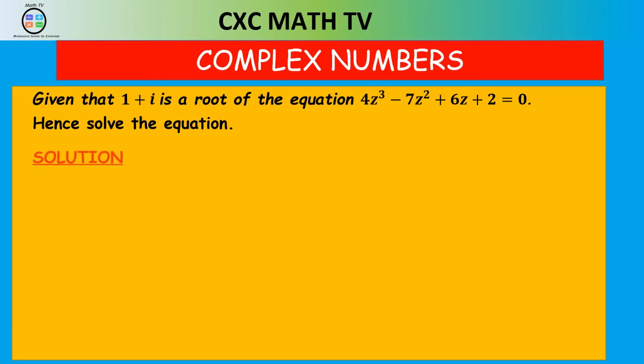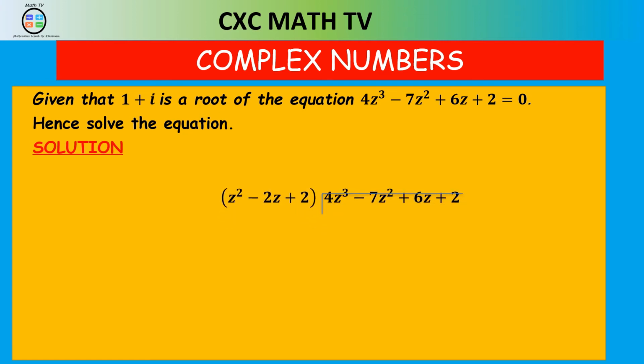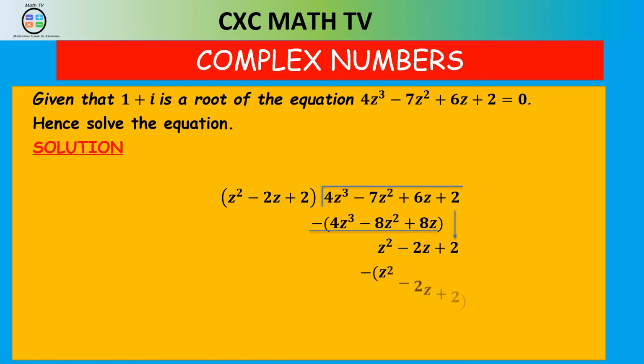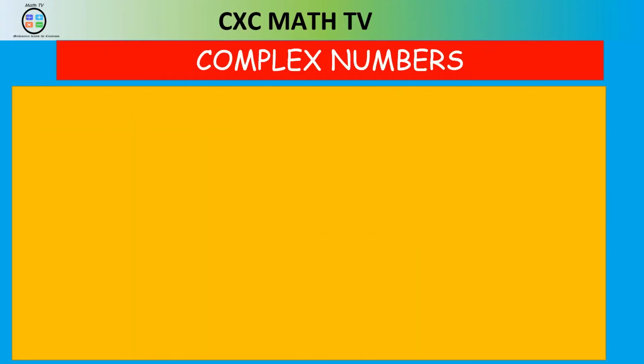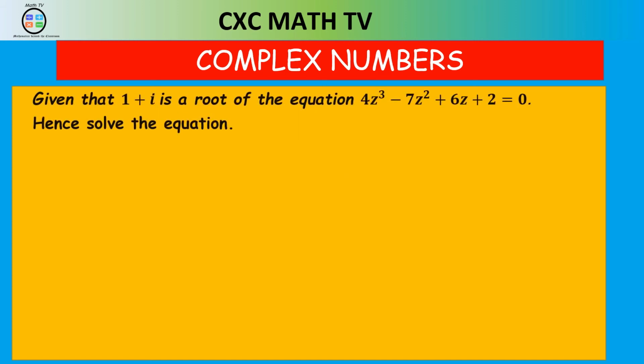We may go ahead and divide that cubic function by the quadratic factor, and that will result in 4z plus 1. So we can conclude that this cubic equation can be simplified to 4z cubed minus 4z squared plus 6z plus 2 equals 0, and it has factors z squared minus 2z plus 2 times 4z plus 1 equals 0.